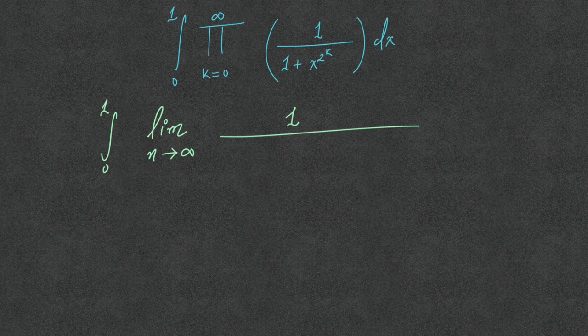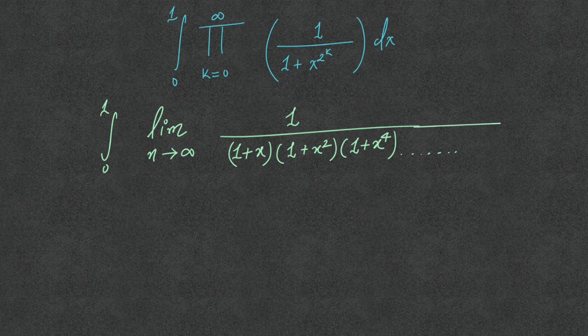So for k equal to 0 we get 1 plus x, for k equal to 1 we get 1 plus x square, for k equal to 2 we get 1 plus x to the 4, and so on, and for n we get 1 plus x to the power 2 raised to power n, into dx.